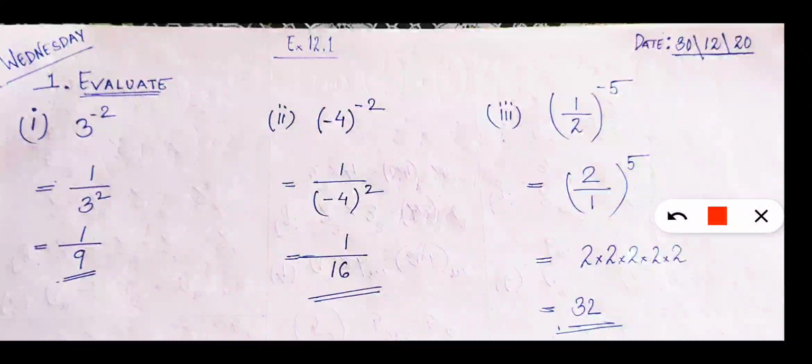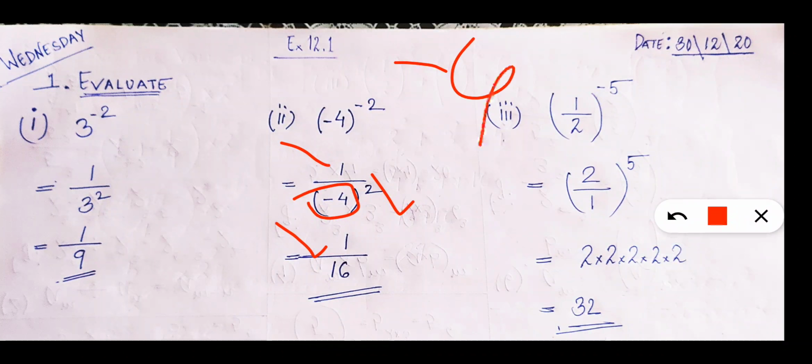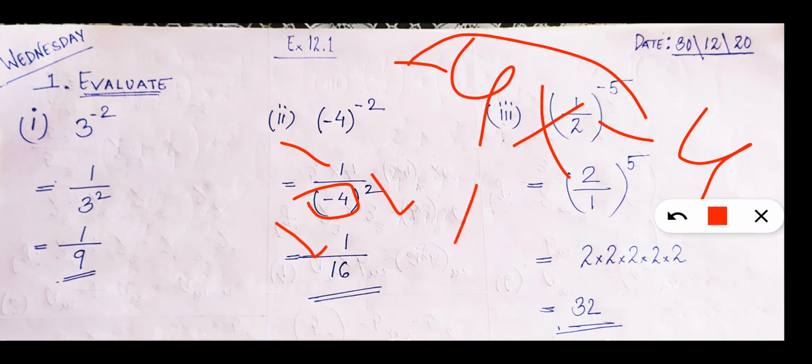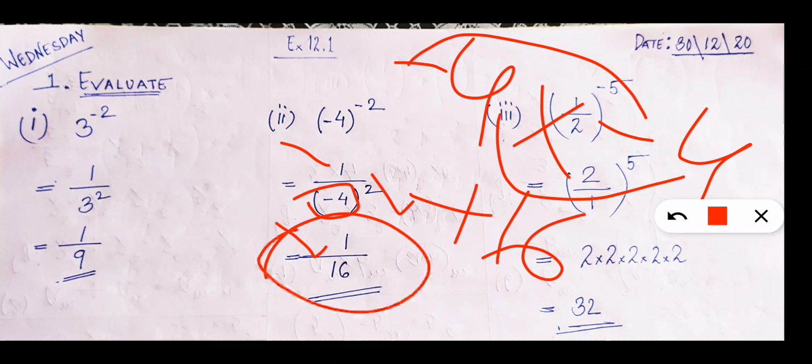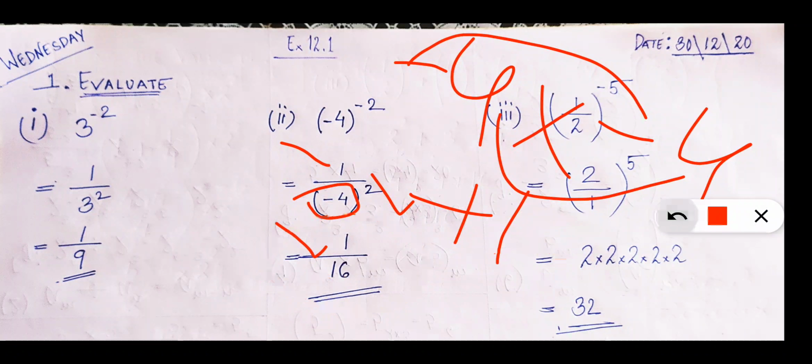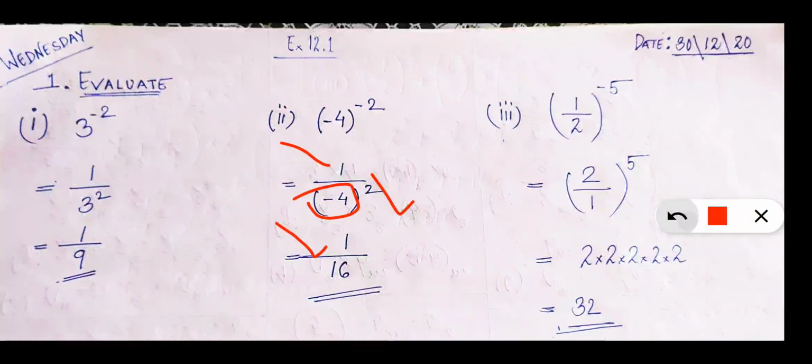Next step, 1 will remain as 1. This means minus 4 two times, so minus 4 into minus 4, minus into minus will give you plus, 4 4s are 16, that's why it becomes plus 16. So at the end the answer is 1 by 16.